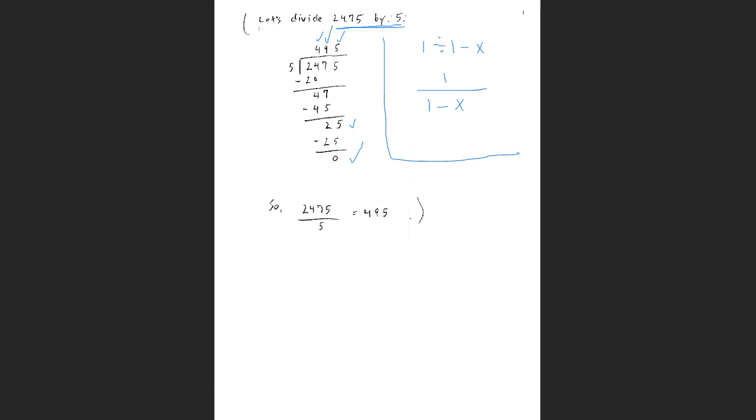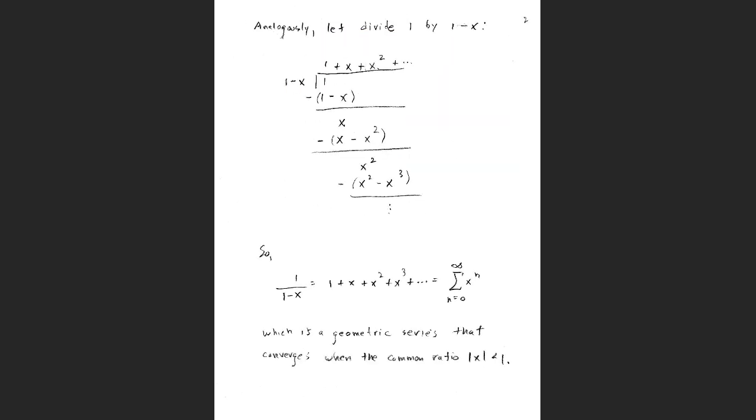We know how to divide a number by a number, we know how to divide something by something. So we're going to use the same process to divide 1 by 1 minus x. This is maybe something you've seen in pre-calculus. So we're going to use the same process that we used when we divided 2,475 by 5.